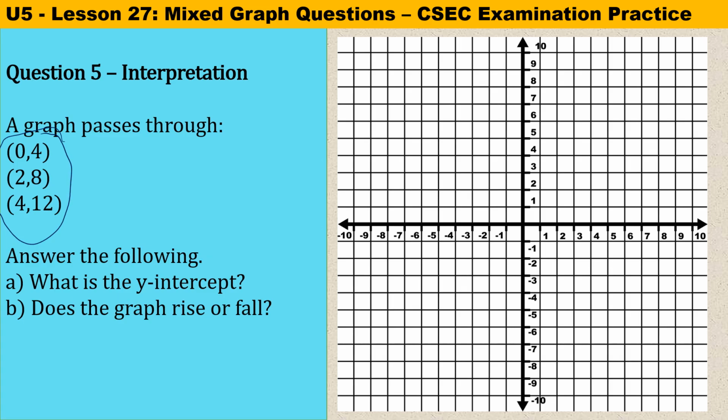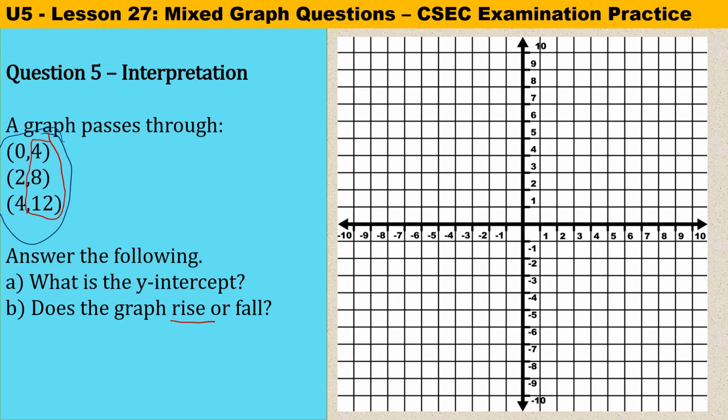One, you look at your y values: 4, 8, and 12. If you notice that it keeps increasing and it's positive, right away that should tell you that your graph is rising.